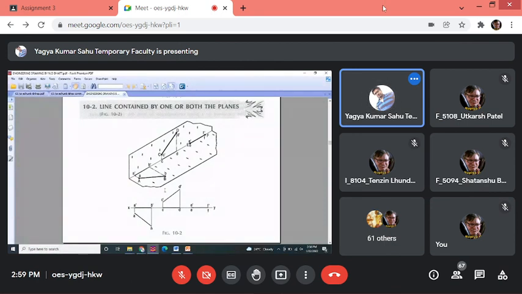Which one is this question? Front view 30, top view 30? Tell me, is the question of capital AB type, capital CD type or capital EF type?